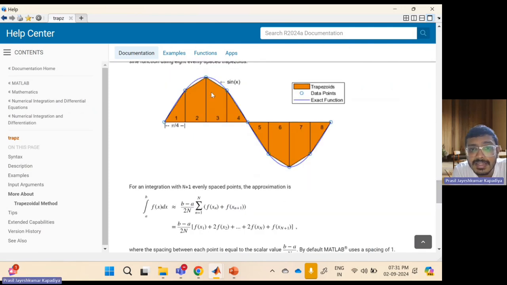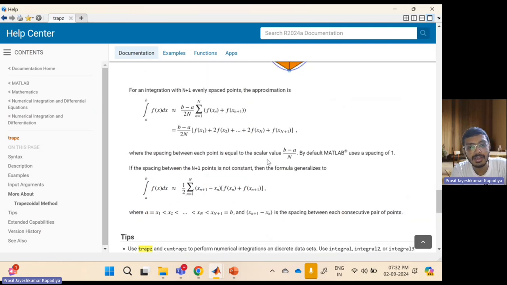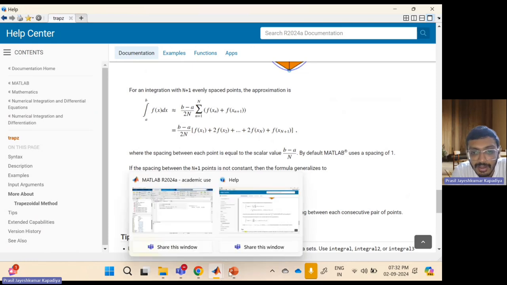See, this is actual solution, exact function, and these are the values obtained using trapezoidal rule. So there will be slight inaccuracy. So this is the trapezoidal rule: b minus a divided by 2, f of x1 plus 2 into f of x2, all points multiplied by 2 and last point with no multiplication. Correct?